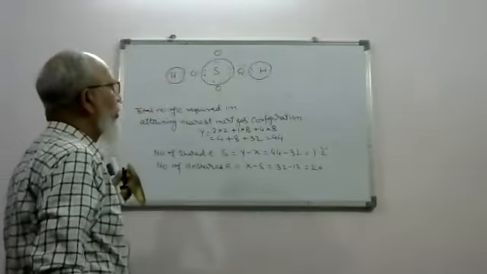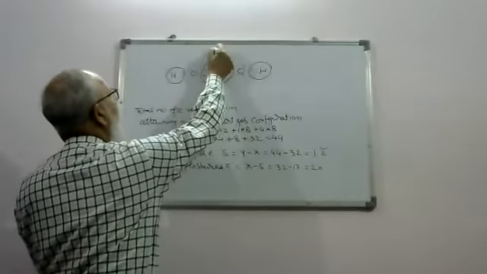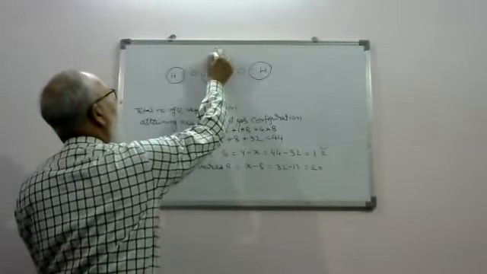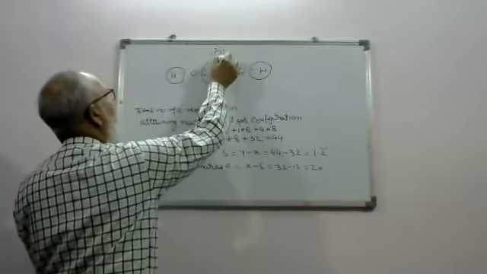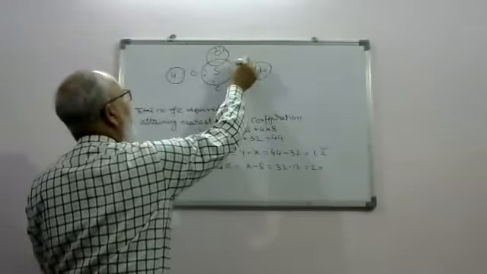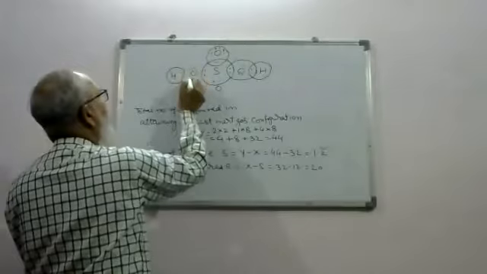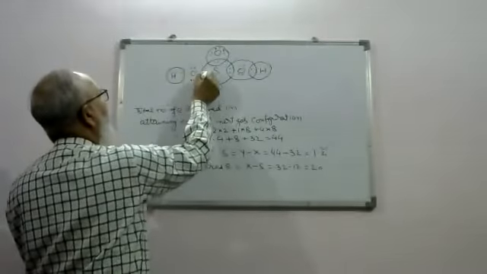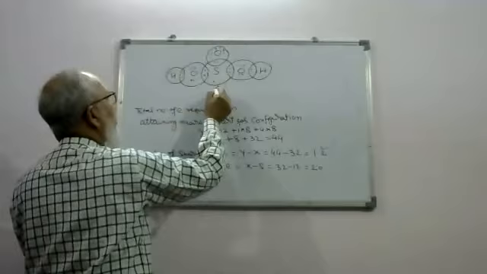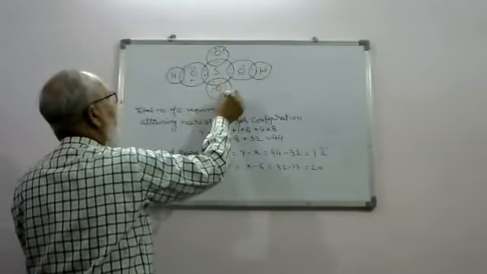That is 4. This oxygen atom, 2, 4, 6 and 8 electrons. This oxygen atom, 2, 4, 6, 8 electrons.